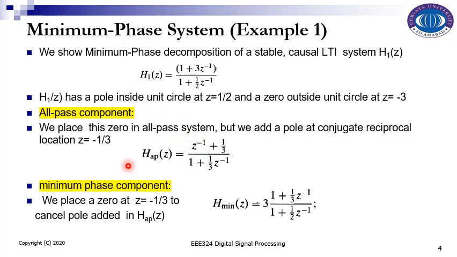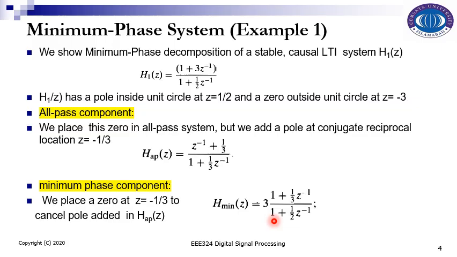Okay, and then in our decomposition we have to have a minimum phase component also. The minimum phase component is the rest of h of z, except the 0 that we moved out to the all pass system. So this is the part we're left with. This is the original pole of h of z.